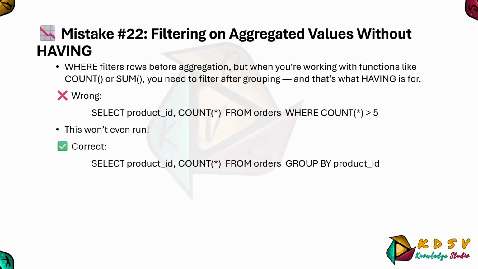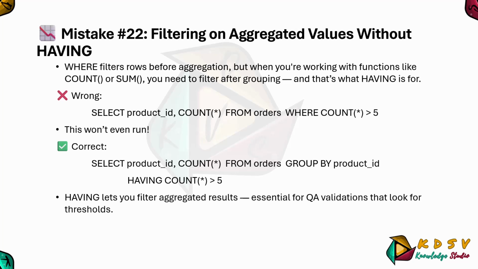The correct way: select product ID, count star from orders group by product ID, and you can add having count star greater than 5. So in this case it will group by product ID, and where the count of product ID is greater than 5, it will list out the rows. Having lets you filter aggregated results, essential for QA validation that looks for thresholds.